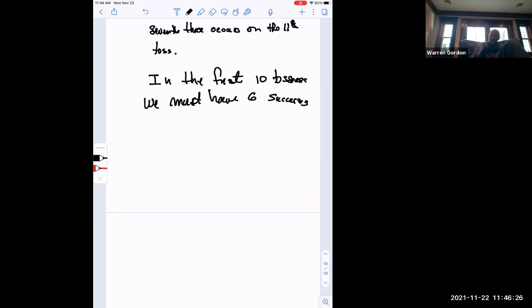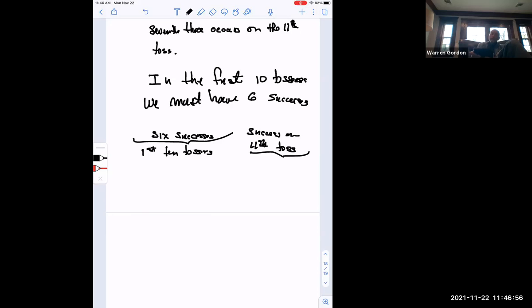So what's happening is in the first 10 tosses, we have 6 successes, and success on the 11th toss. Remember, these are independent events.